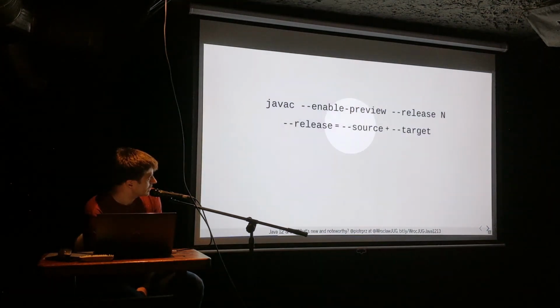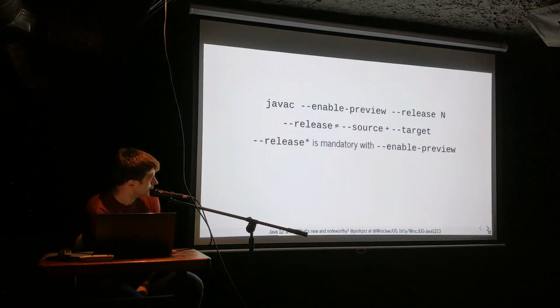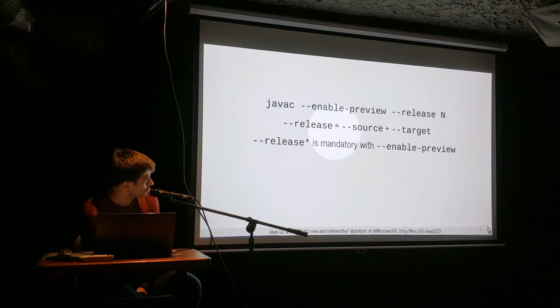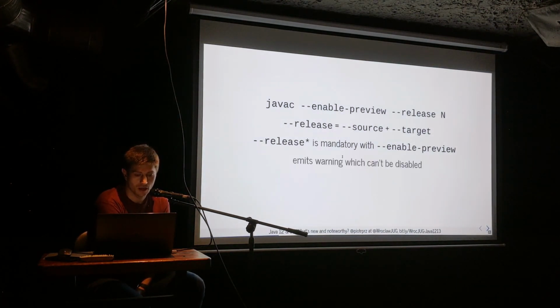And release actually sets the source version and the target version. It's kind of a shortcut. That's why you could use these two or just use the release and set it to like 12, for example. And if you enable preview, this release or source flag is mandatory. It cannot be skipped, basically.